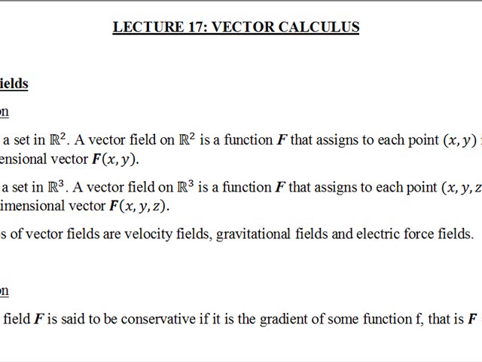And in R3, it's a function F that assigns to each point x, y, z a three-dimensional vector, F of x, y, z. Examples of vector fields are velocity fields, gravitational fields, electric force fields. All of these are vector fields.